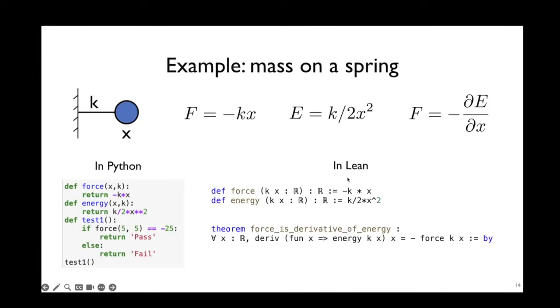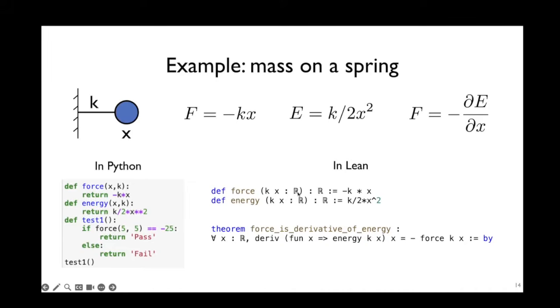In Lean, we can also define a function for force and energy. The thing about Python is it tends to figure out on the fly what your types are. You don't have to define the types of your variables, and we'll talk a lot more about types later. But in short, we're defining k and x to be the real numbers. And so what are real numbers?